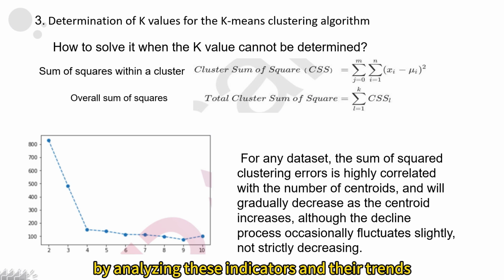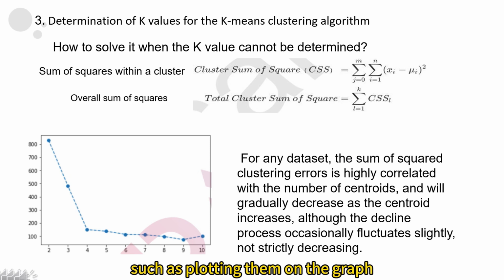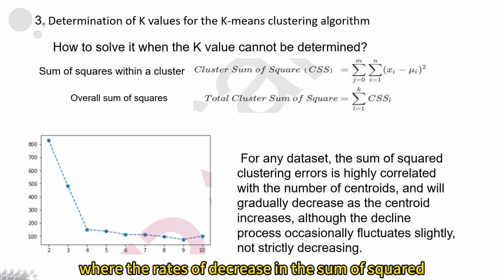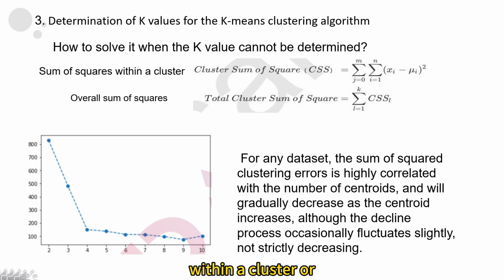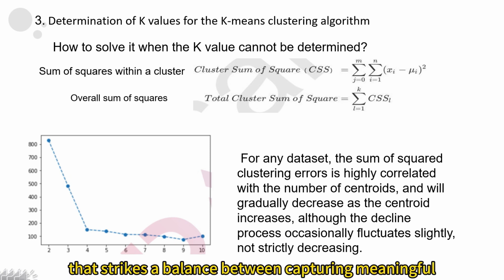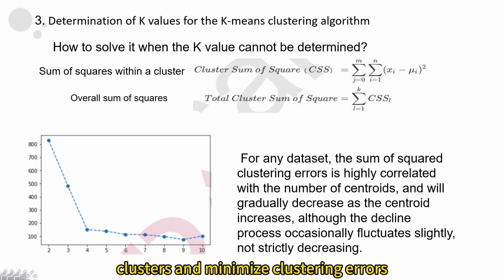By analyzing these indicators and their trends, such as plotting them on a graph, we can look for an elbow point where the rate of decrease in the sum of squares within the cluster or overall sum of squares slows down significantly. These elbow points can indicate suitable values of k, one that strikes a balance between capturing meaningful clusters and minimizing clustering errors.